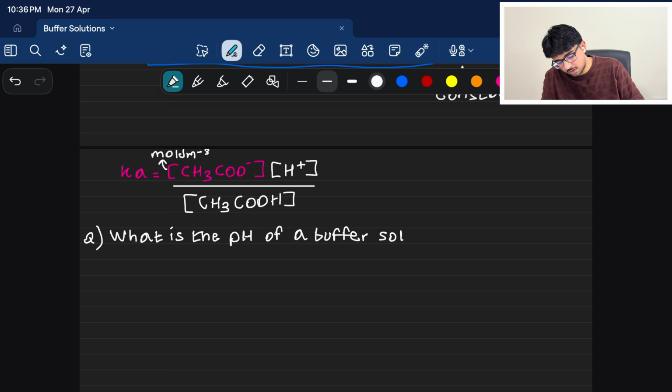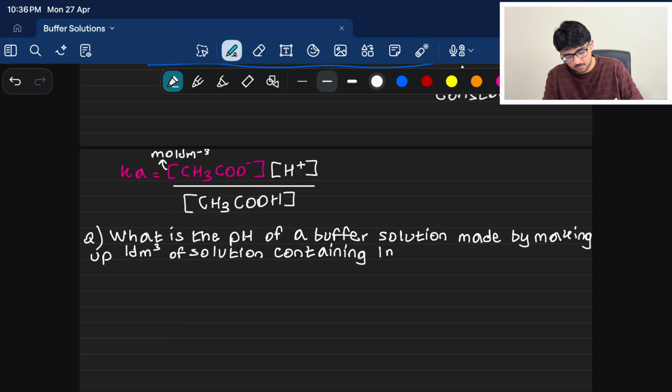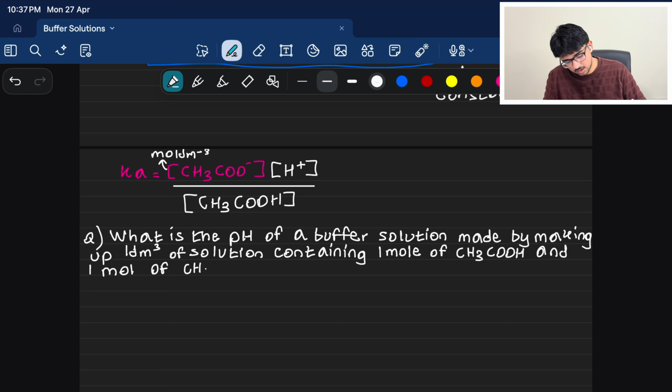So what's the pH of a buffer solution which is made by making up 1 cubic decimeter of solution containing 1 mole of ethanoic acid, so CH3COOH, and 1 mole of sodium ethanoate, so CH3COONa.